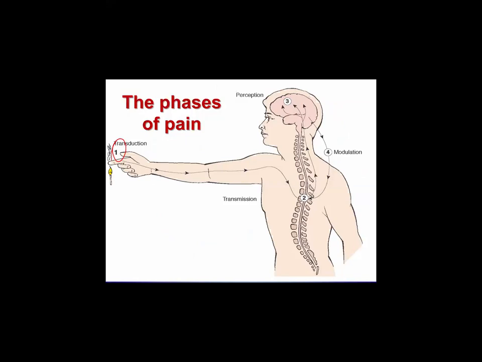These receptors send the information to the spinal cord through the peripheral nervous system. It's called transmission. Afterwards, the information is sent from the PNS to the CNS. This stage is called perception. And the last one is modulation, the answer to this information.